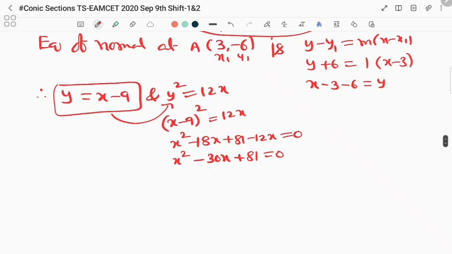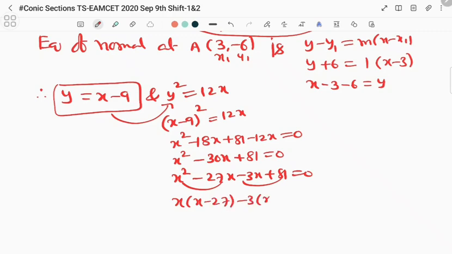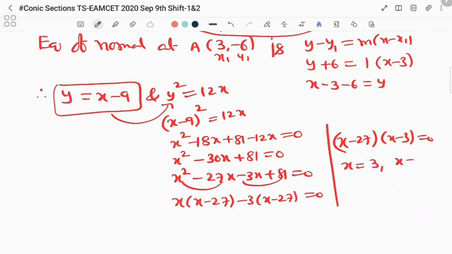So for 30, we can split as 27x minus 3x. So x into x minus 27 minus 3 into x minus 27. So x minus 27 into x minus 3 equal to 0. x is equal to 3, x is equal to 27.